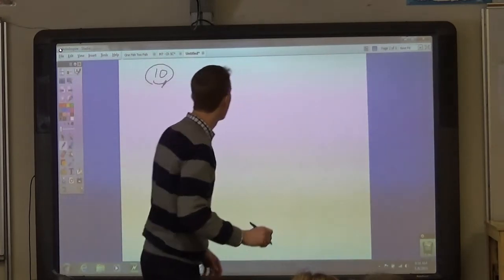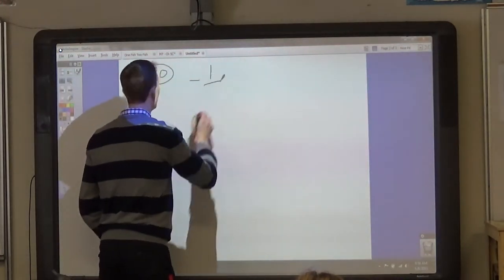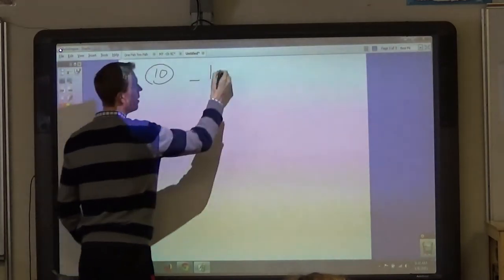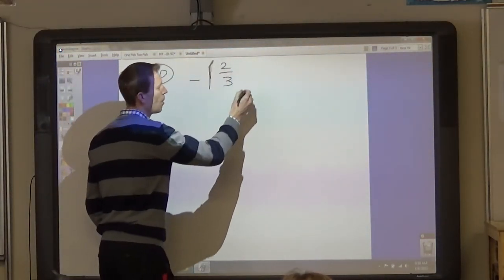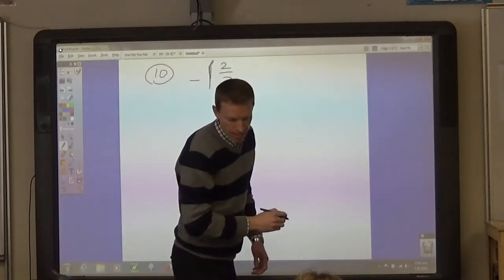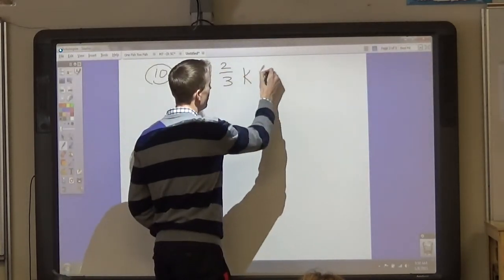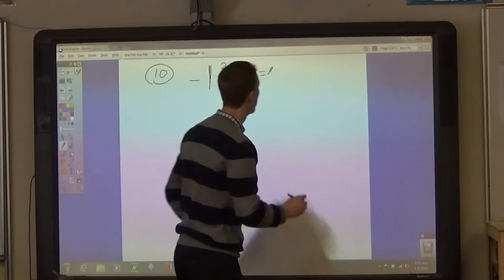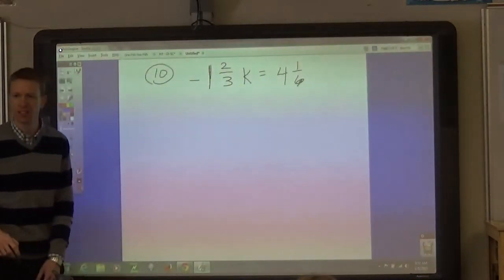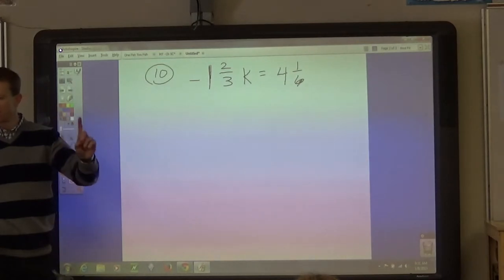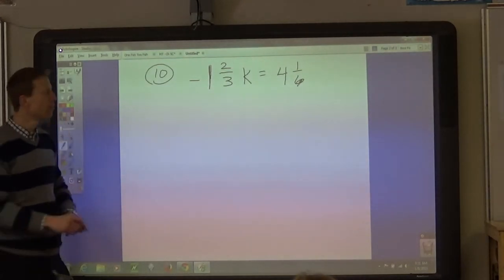Number 10. So negative 1 2/3, and that is k equals 4 1/6. All right, we can do this. Step 1, convert them all to fraction form.